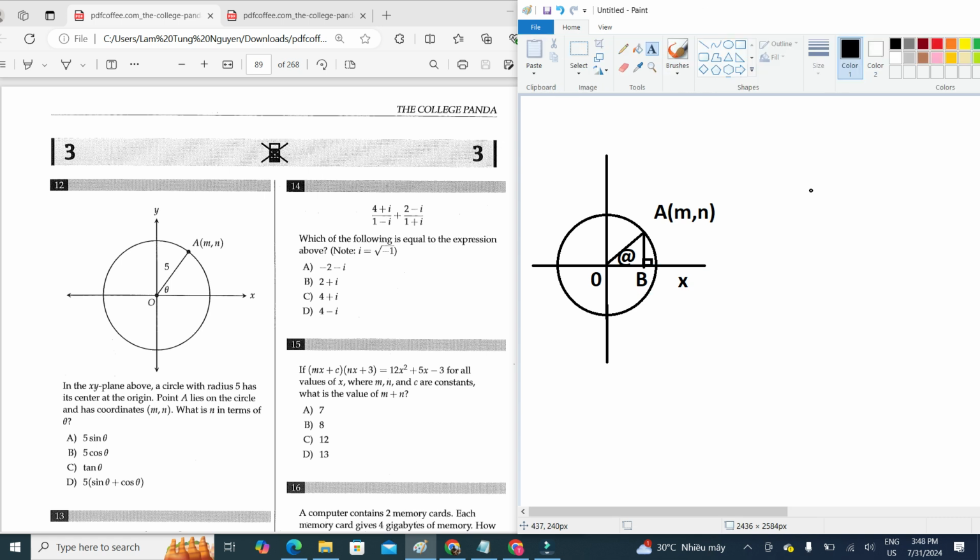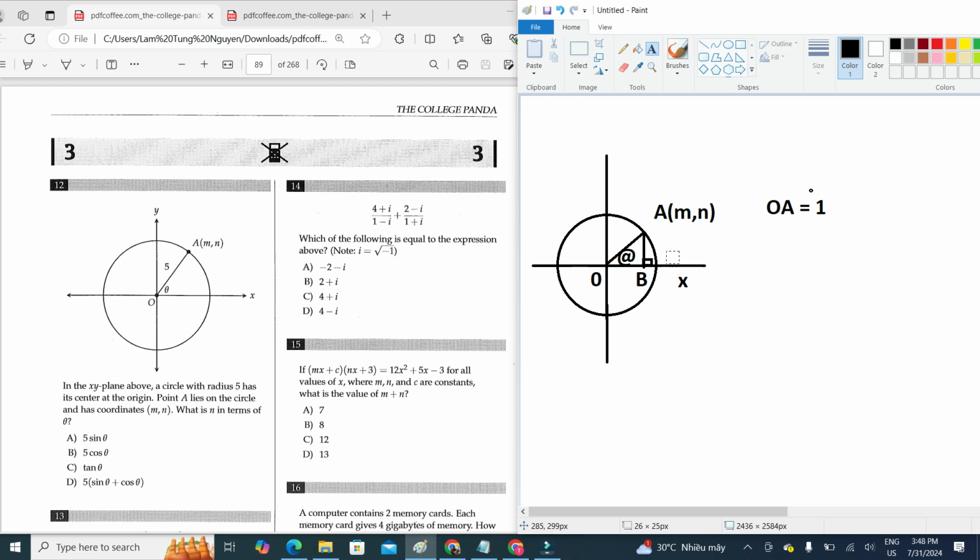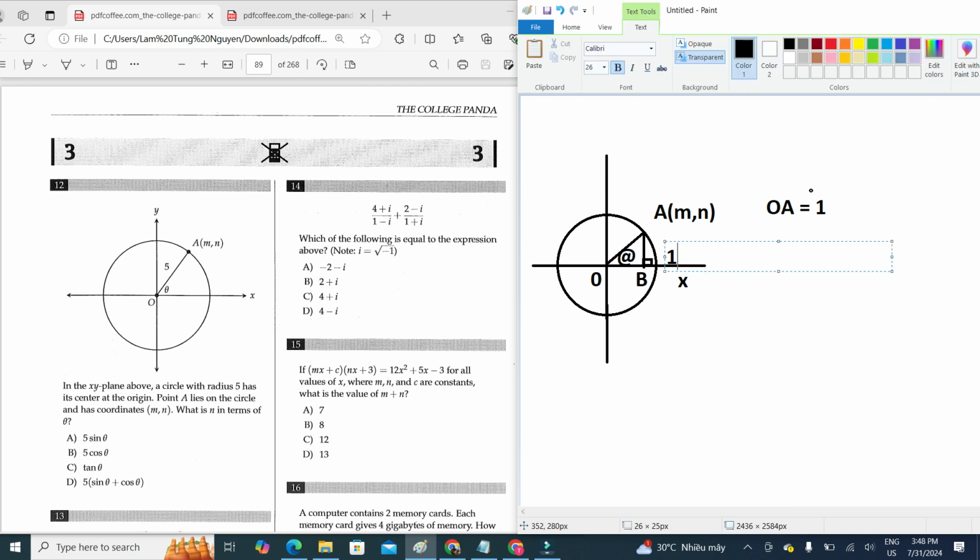So you can clearly see that OA is equal to 1 because this is the unit circle. So because this is the unit circle, here's 1. It has a radius of 1.